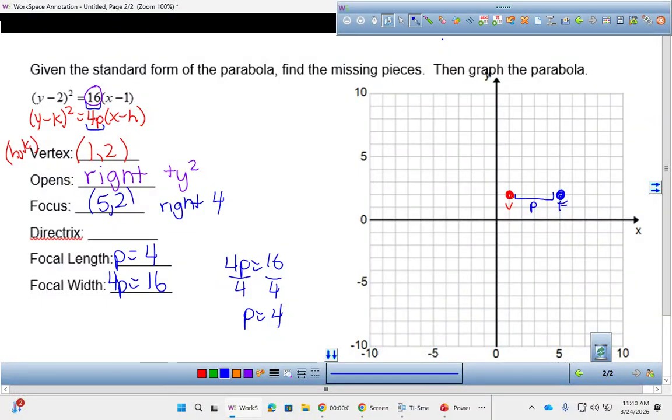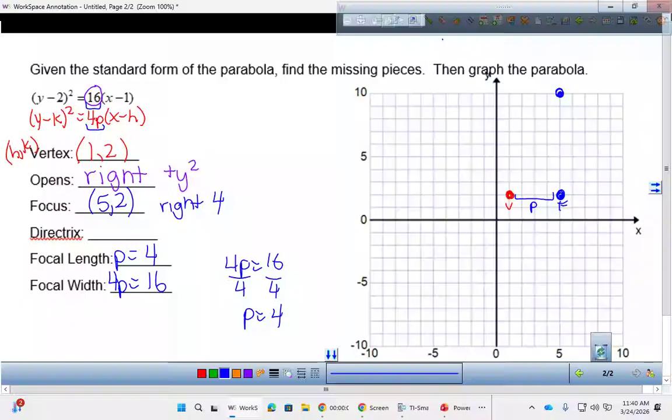I'm also going to use the focal width at this point. The focal width is going to be how wide this opens up. So from the focus, I'm going to split the focal width of 16 in half because a parabola is symmetrical. So I'm going to go half of 16 up and half of 16 down. So 8 up is going to put me here, and then 8 down is going to put me here.